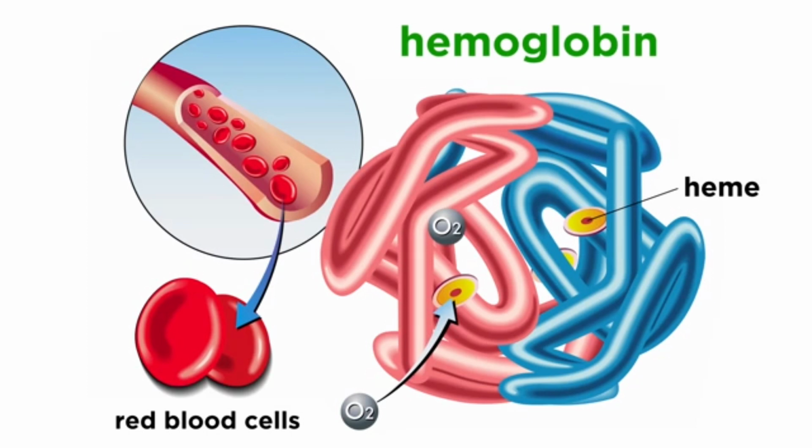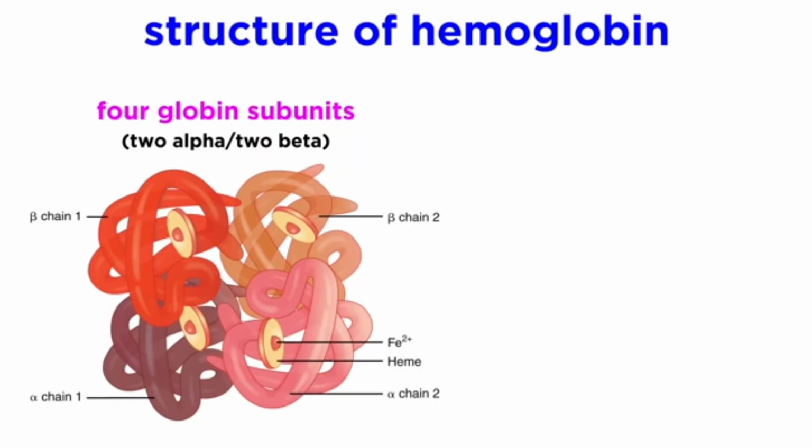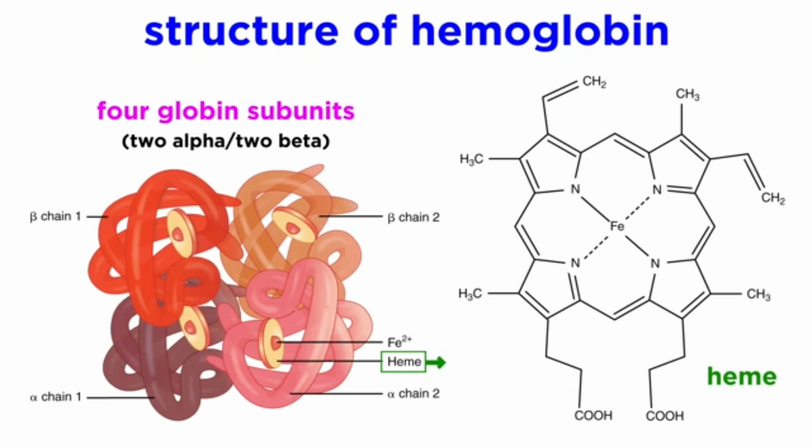There are other proteins as well that have structural and protective functions, but hemoglobin will be the focus here. This is the structure of hemoglobin. It is made of the protein globin, consisting of four polypeptides, 2 identical alpha chains and 2 identical beta chains, each of which is bound to a heme group with iron at the center.